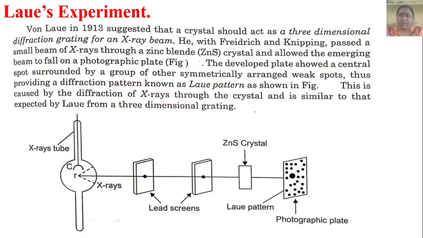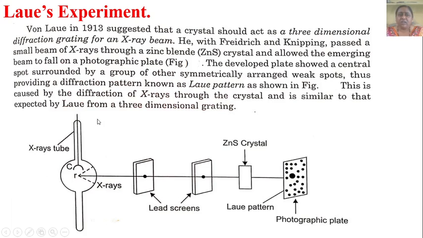The pattern is unique for every crystal, and you have a large number of bright spots as you can see, and this arrangement of bright spots is unique to a particular crystal. This arrangement of bright spots is known as Laue's spots, and on the basis of Laue's spots you can find out the crystal structure.